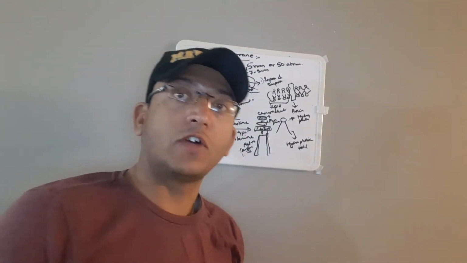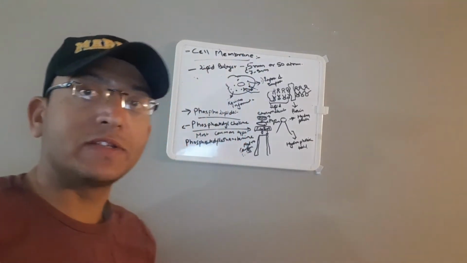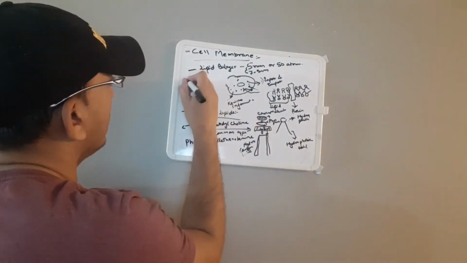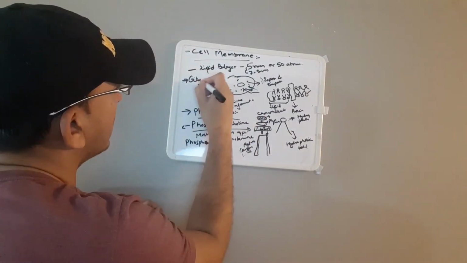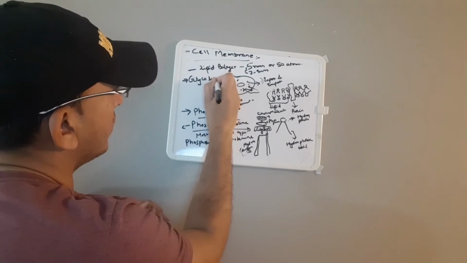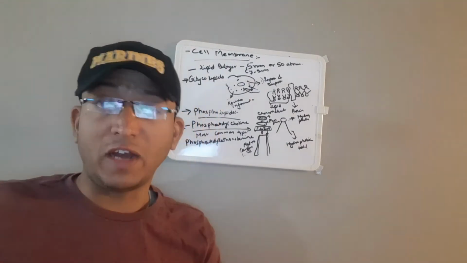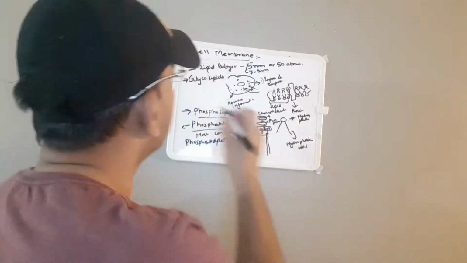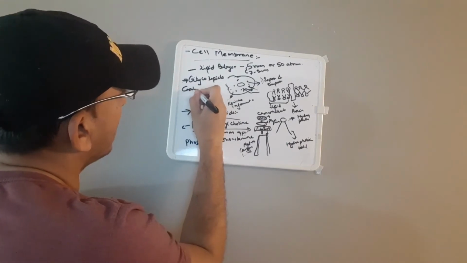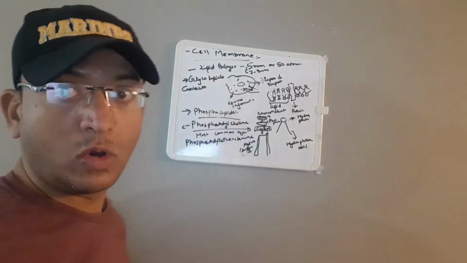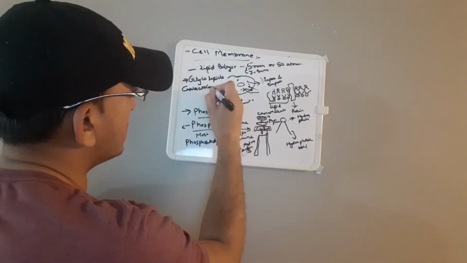Besides the phospholipids, there are glycolipids present in the cell as well. I'll write it down. Glycolipids too, and one of the glycolipids is galactocerebroside.